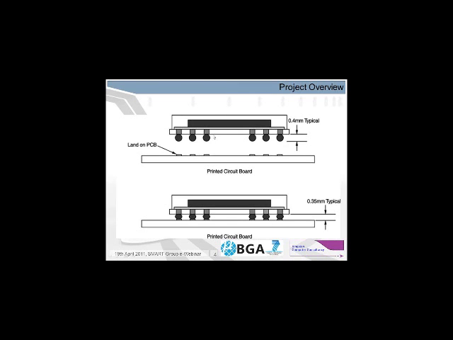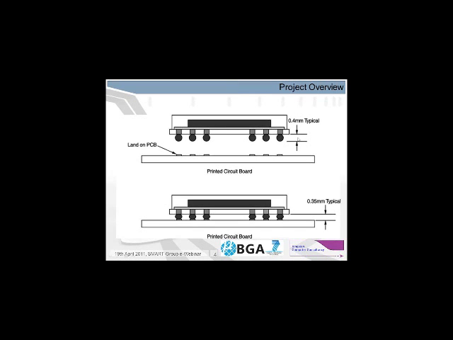The package will be lowered onto the PCB. The solder balls attached by tacky flux will be held in place. The entire assembly will be reflowed by heating. You can see here that the solder balls will undergo some compression.